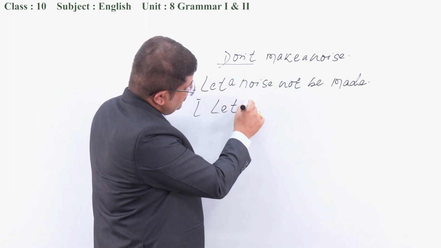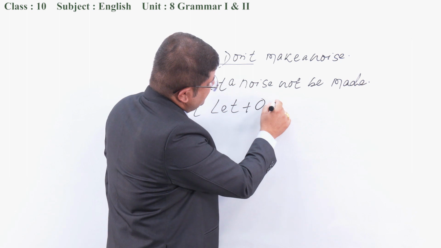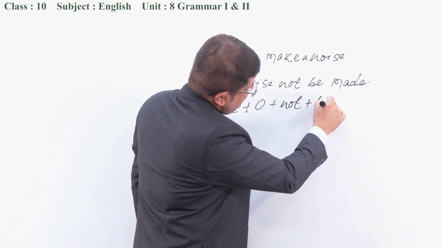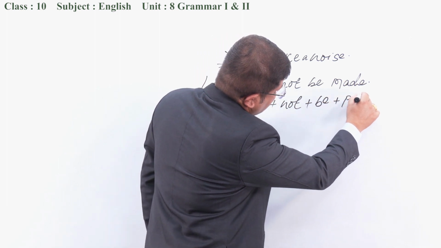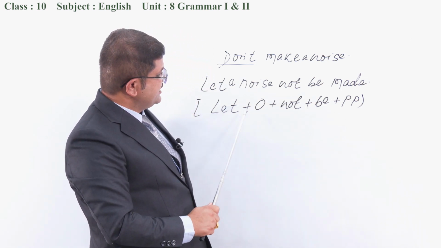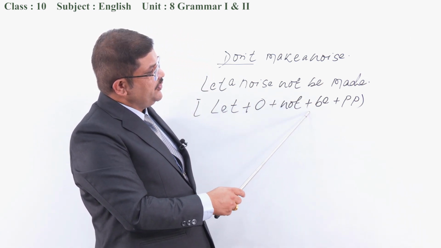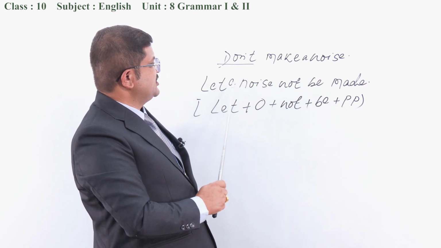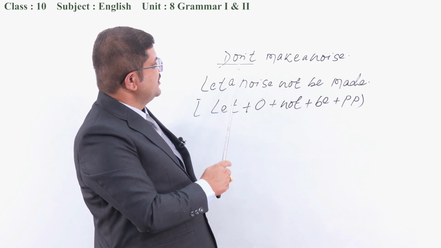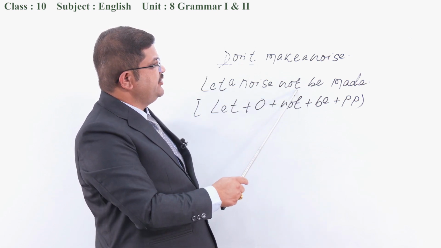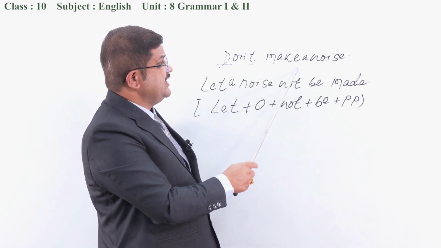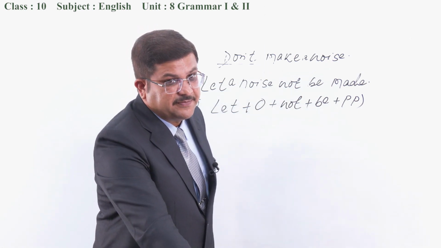Let with object with not with be with past participle form of the verb. That's why a noise is an object: let a noise. This is a negative sentence, that's why we use not, and according to the structure we have to use be, and make changes into made in passive. Did you understand?